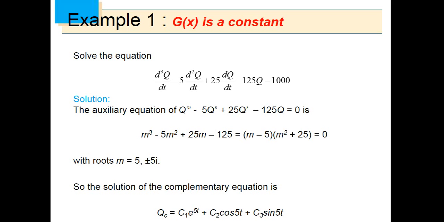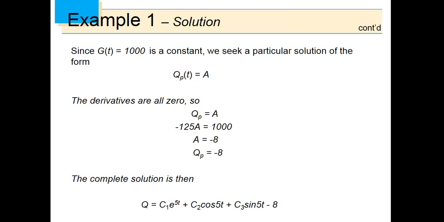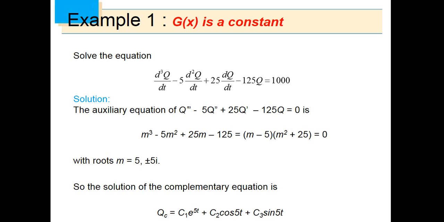Now, the next part is in finding the form of the particular solution. So when we like to find the form of the particular solution, we base it on the g of x. In this case, it's g of t. And by the way, you have to be very careful when you write your variables in your DE. In this case, your form for the complementary solution should be in the form of q as a function of t, not y as a function of x, because your variables here are q and t.